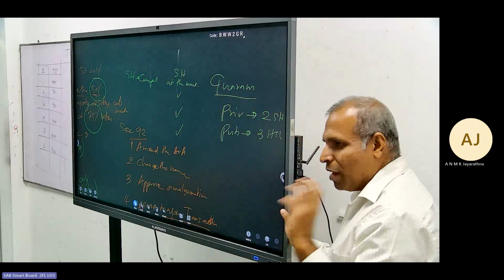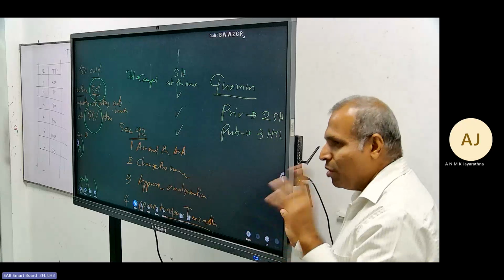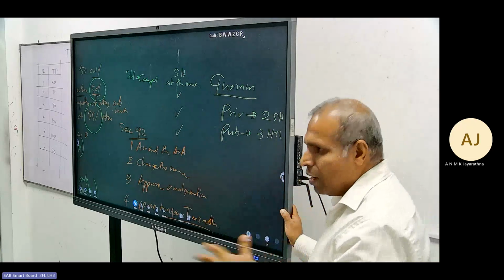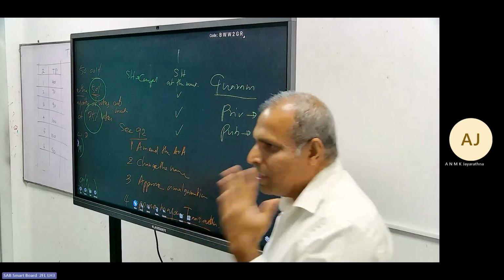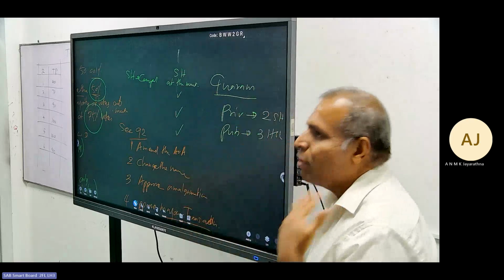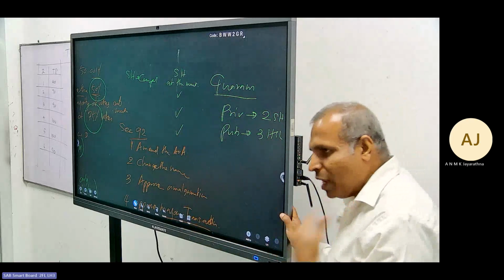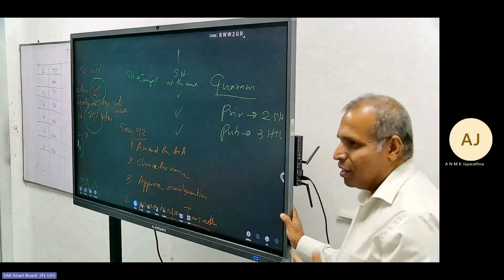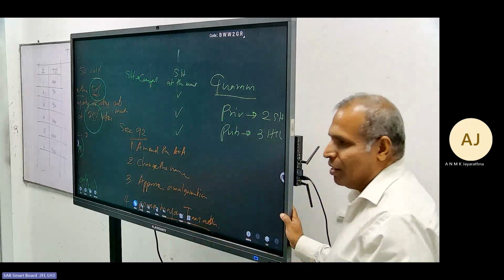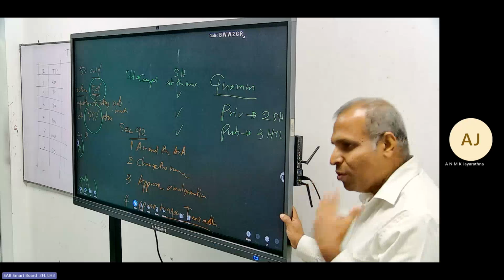So if it is a private company, two shareholders are enough. With a minimum of two shareholders present, the company can proceed with the meeting. Only one, they cannot proceed. If it is a public company, a minimum of three shareholders must be present for the company to proceed with the meeting.